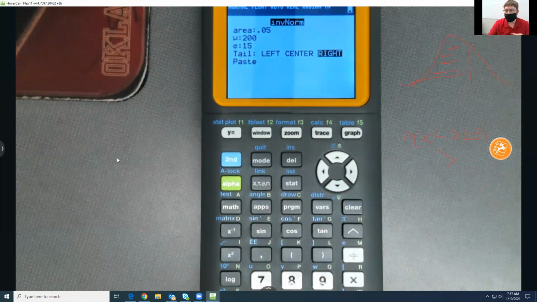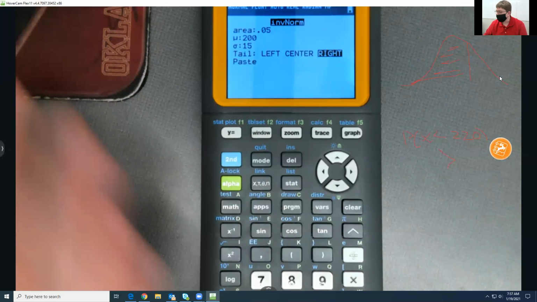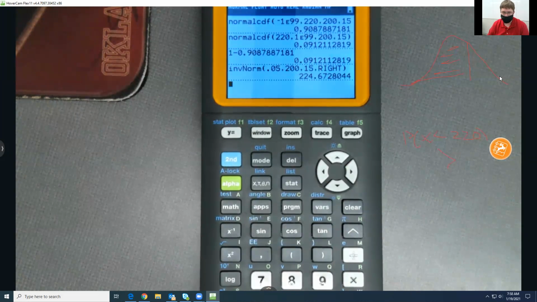If you look at your normal curve, here's a rough picture over here. It starts at 0%, and then as it goes this way to the right, it adds data to it. So for percentiles, if somebody asks, hey, I'm in the top 10% of students, you're over here on this side. So you know which direction you're supposed to be going in. Hit paste, and it's going to give you the answer of what X should be at that spot.